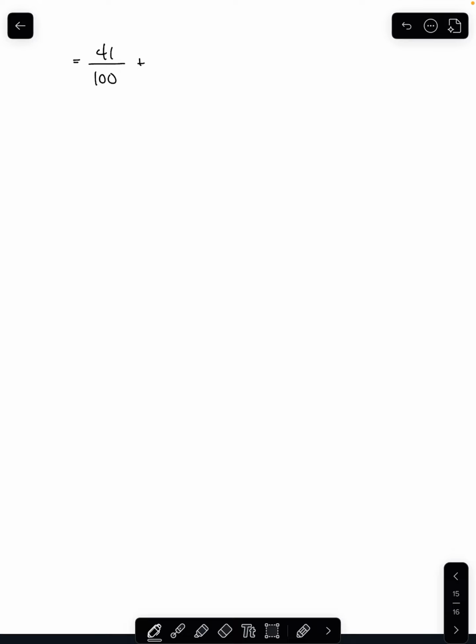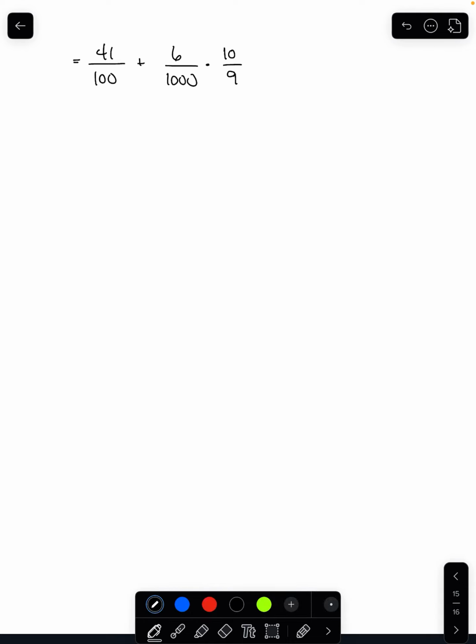41 over 100 to begin with. And then in order to resolve the complex fraction, I can change it from division to multiplication by the reciprocal. This will give me some cross simplification, including with the 6 and the 9.